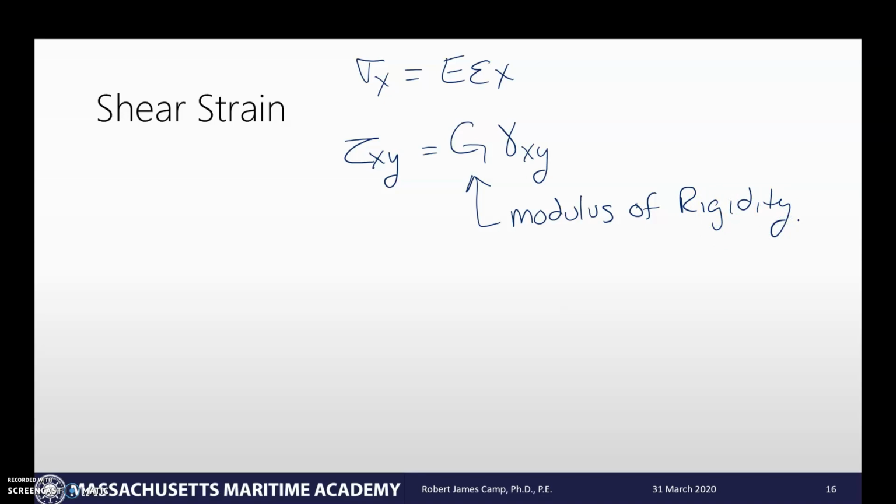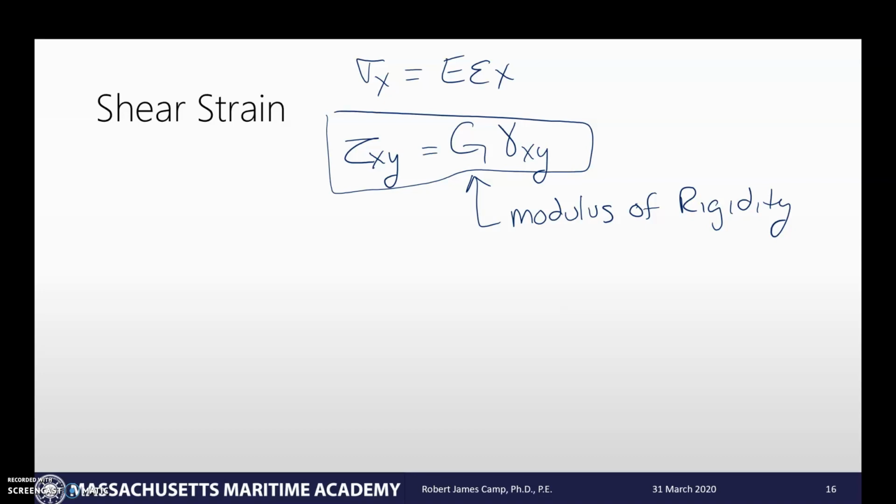Modulus of rigidity is a measure of how resistant something is to being twisted. That's really all it comes down to. If you think about it, modulus of elasticity is how resistant the material is to being yanked on and pulled. Modulus of rigidity is how much you're able to twist something. And so this would be Hooke's law for shearing strain.